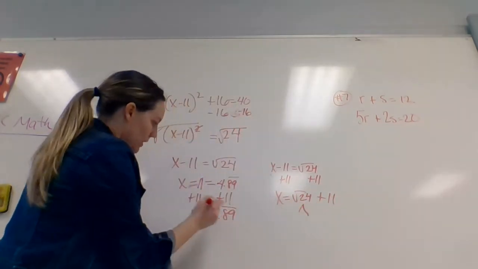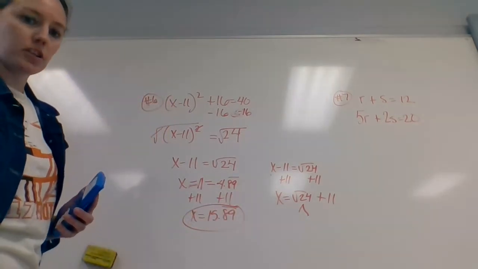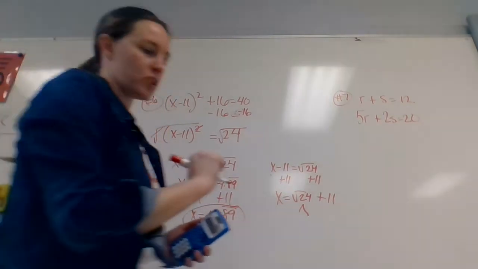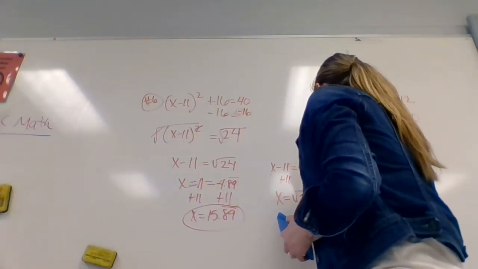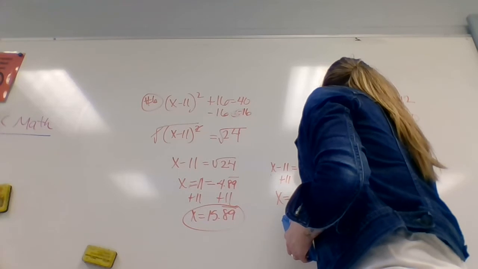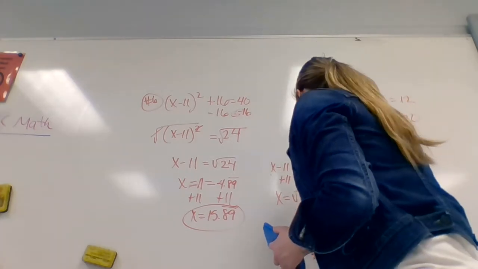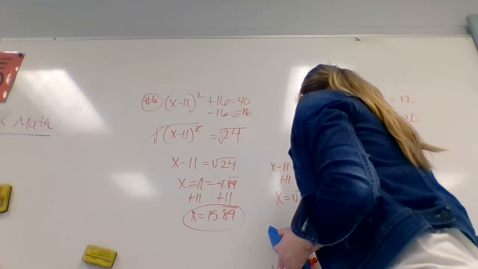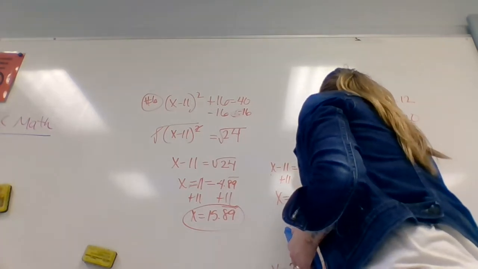So you could be looking for an answer like this, depending on what she has as her answers for multiple choice. Or if we continue simplifying this, 2 and 12, 2 and 6, 2 and 3, I have a pair of 2's, so this would simplify to 2 root 6 plus 11.